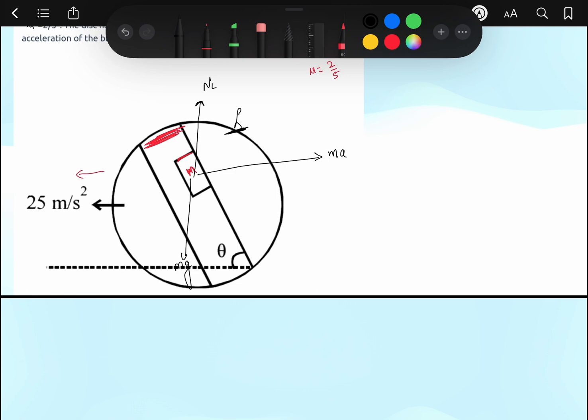Okay, so one more normal force will be acting on this body, in this direction. That normal force I am calling NS.